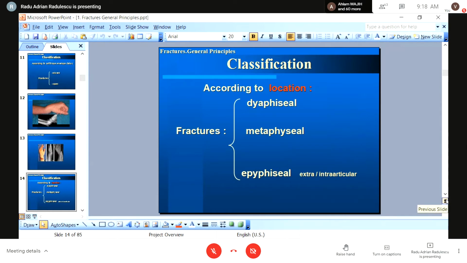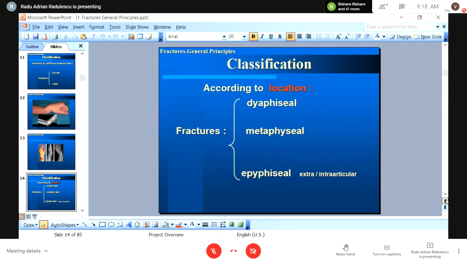Also, another criterion for classification refers to the location of the fracture. Especially when we talk about long bones, probably you know from anatomy, if you remember from the first year, that a long bone is composed of a diaphysis and two epiphyses, and in between the diaphysis and the epiphysis, we have the metaphysis.